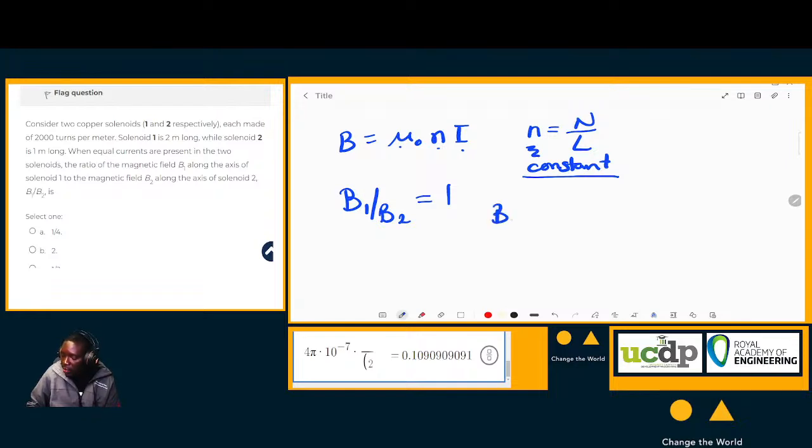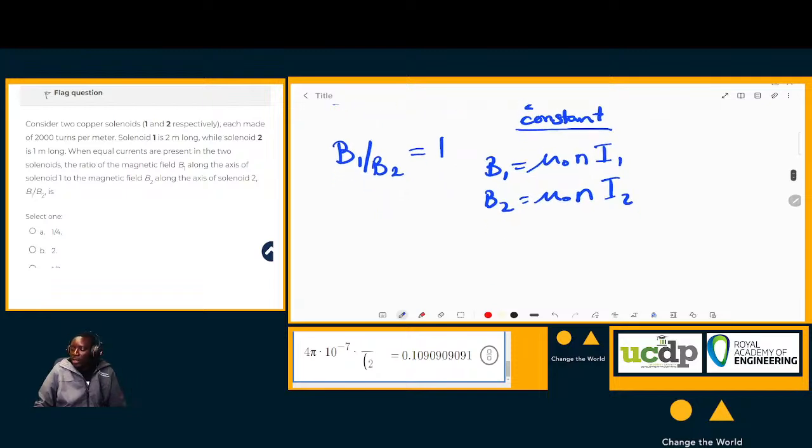So we can write in our working B1 is mu naught N times I1, and B2 is mu naught, N is the same, so each is made with 2000 turns per meter, times I2, such that with equal currents, B1 over B2 equals mu naught N I over mu naught N I, because I1 equals I2.